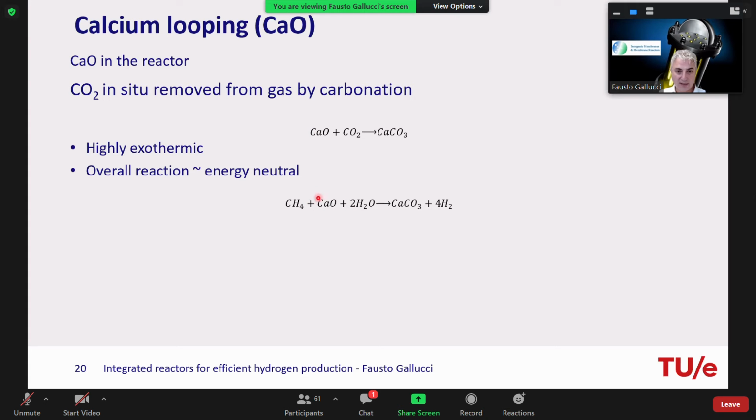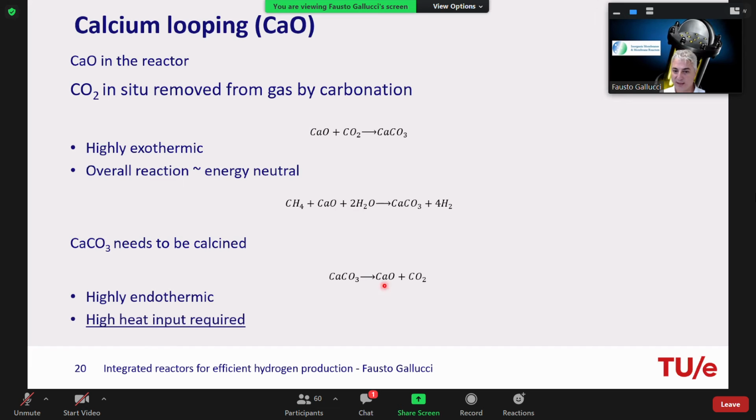Sooner or later, this calcium oxide will be transformed to calcium carbonate. So what you have to do, you have to regenerate the calcium carbonate to release the CO2 and get back the calcium oxide. Now, if this reaction is very exothermic, this is very endothermic with the same amount of energy. So you have to add the energy to get the calcium carbonate releasing the CO2.